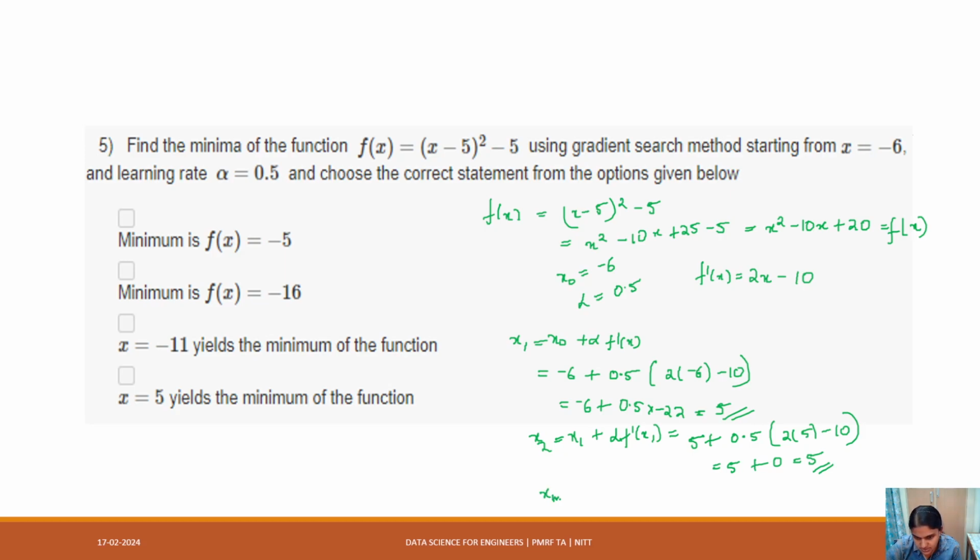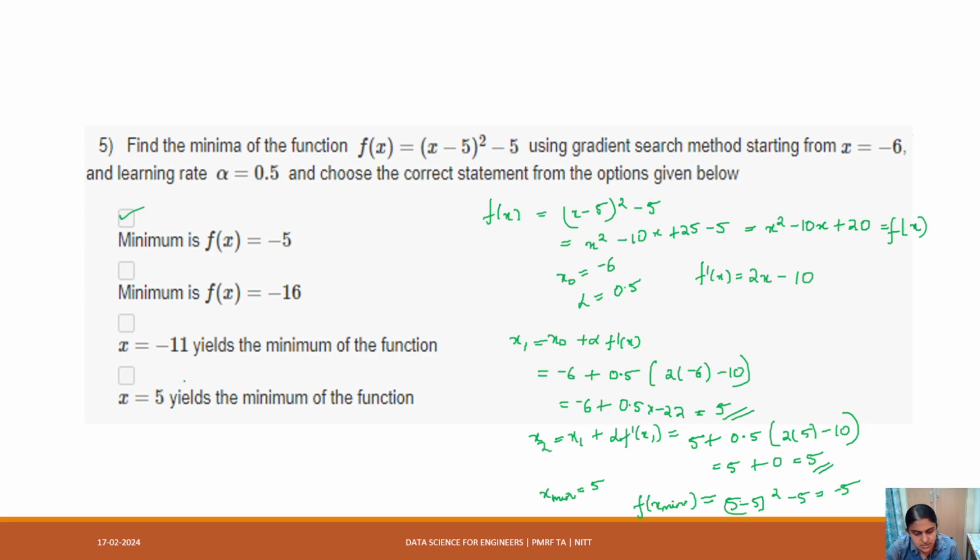In this you can write x minimum equal to 5, and with that x minimum you can find f of x min. So f of x min will give you the minimum value required. So 5 minus 5 whole square minus 5 will give you the answer as minus 5. Okay, so the minimum f of x is minus 5, which is answer A.